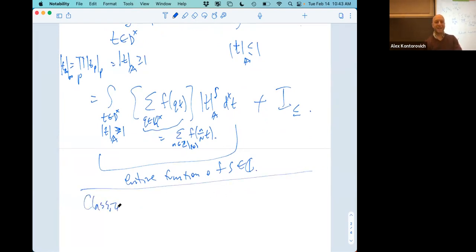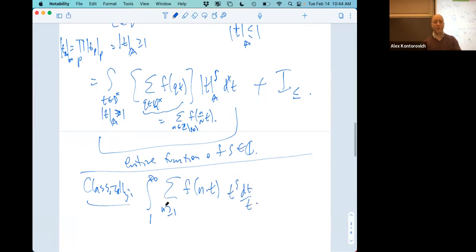Classically, we got to a sum over f of n times t, n at least 1. And then we were integrating this, and we broke the integral from 0 to infinity into an integral from 1 to infinity with a t to the s, dt over t. Does that ring a bell? And so the question was, well, this function f is Schwartz.